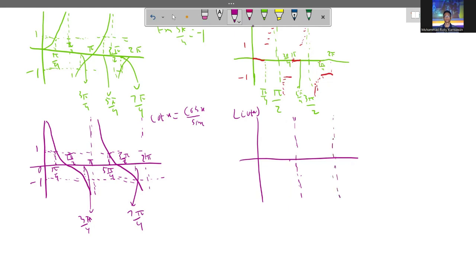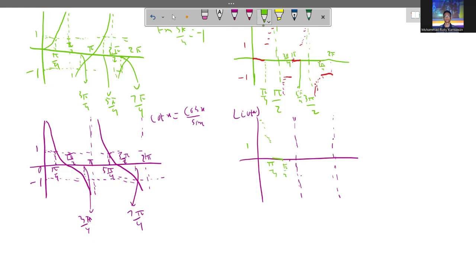Okay, so from x equals 0 to x equals pi over 4, the value of cotangent of x is decreasing from positive infinity to 1. So that means the graph looks like this. So this is pi over 4. The graph looks something like this until you get to 1, where the value of the GIF becomes 0, like this.